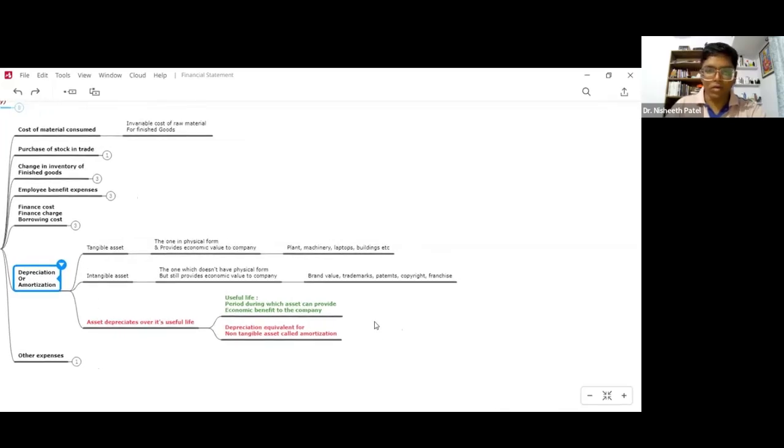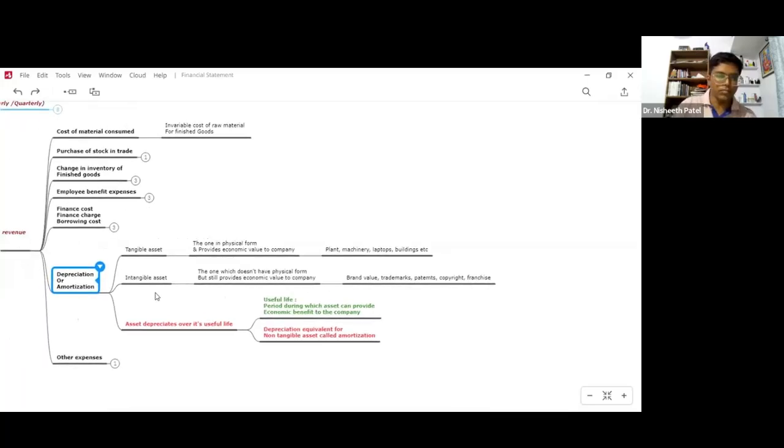If you can say Apple iPhone, that is a brand value for them. Trademarks, you can say. Patents in the pharma companies, many companies have patents and copyright. And the franchisee model, if you see KFC or McDonald's, they have a franchisee model. So they have that intangible asset of the brand value.